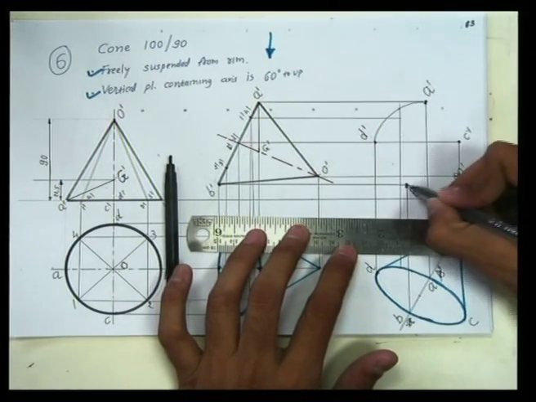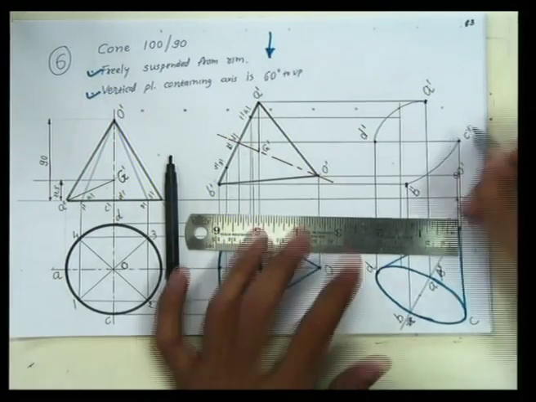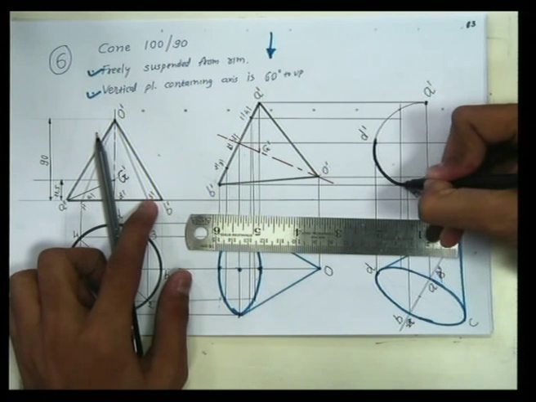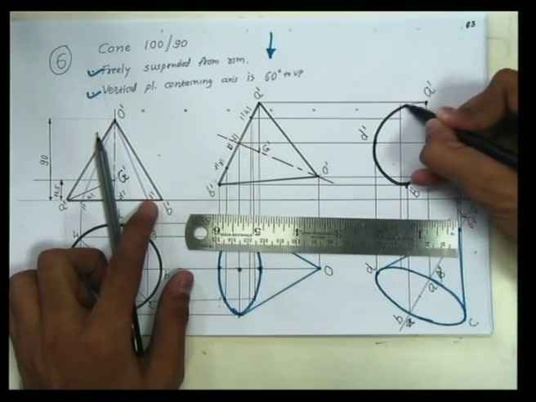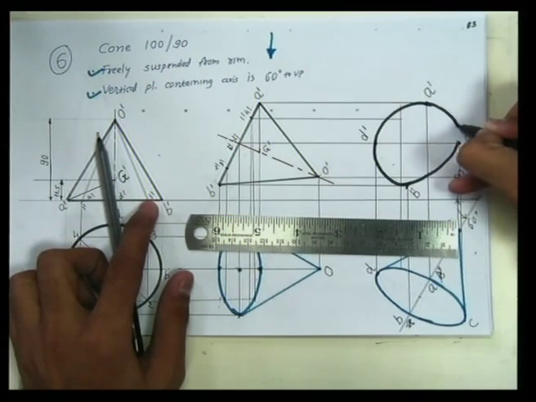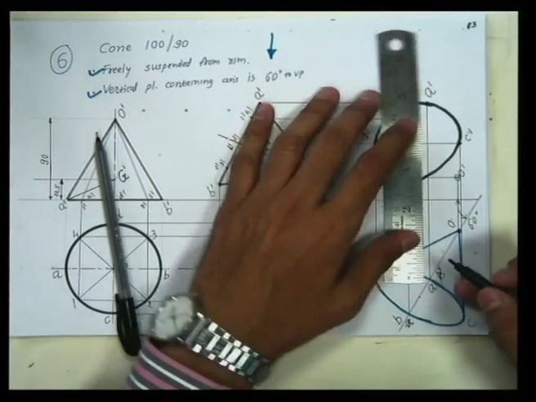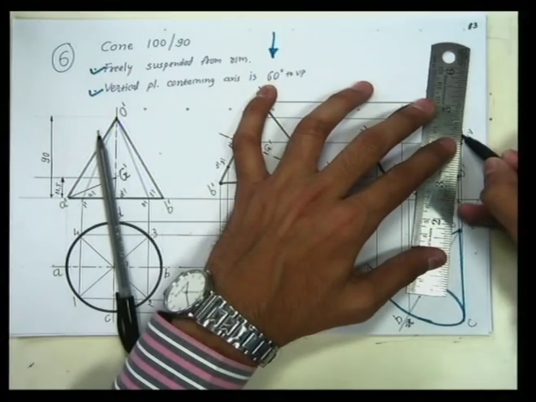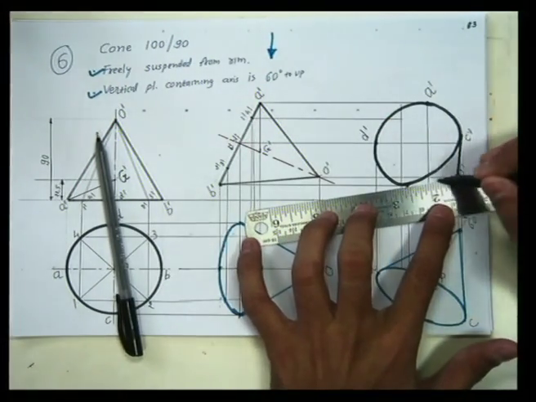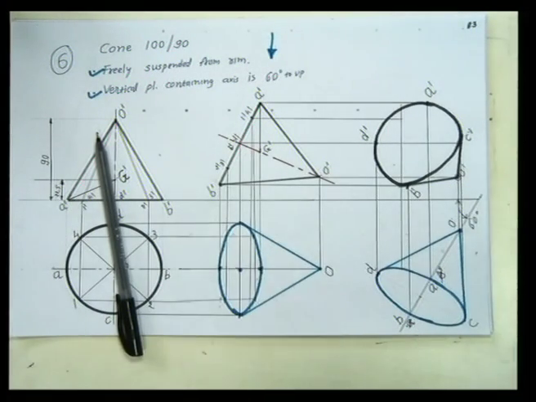We have to join all these points with a smooth curve. So it would appear as an irregular shaped ellipse, which is not even a circle, an irregular shaped ellipse like this. And apex point O is here. So join this apex point like this, so that it becomes tangent to these irregular ribs.